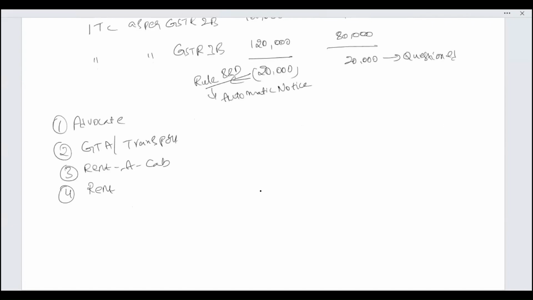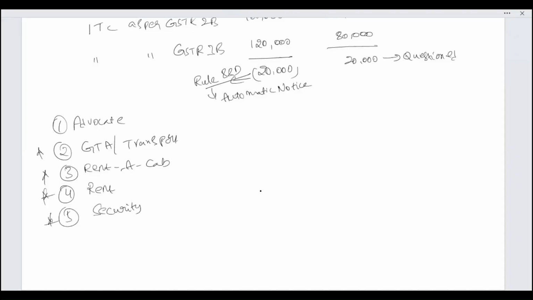Confusion usually will be there in GTA, rent a cab, and rent for commercial or residential. Security charges, yes, security charges.